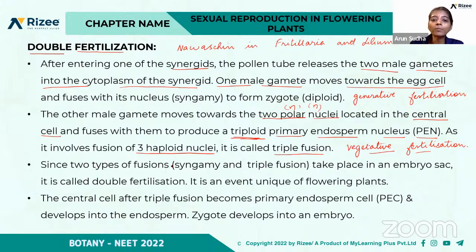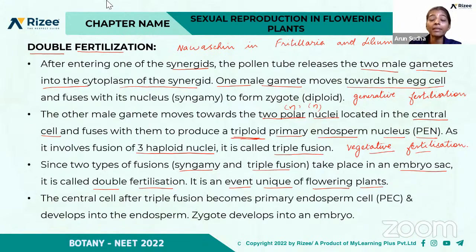Since two types of fusions, that is syngamy and triple fusion, take place in the embryo sac, even in a single embryo sac two types of fertilizations are happening. So it is called double fertilization, and it is a unique event in flowering plants, that is angiosperms. Only the angiosperms show this feature of double fertilization, right? So it is an important event involving two types of fusion. So it is clear, right?